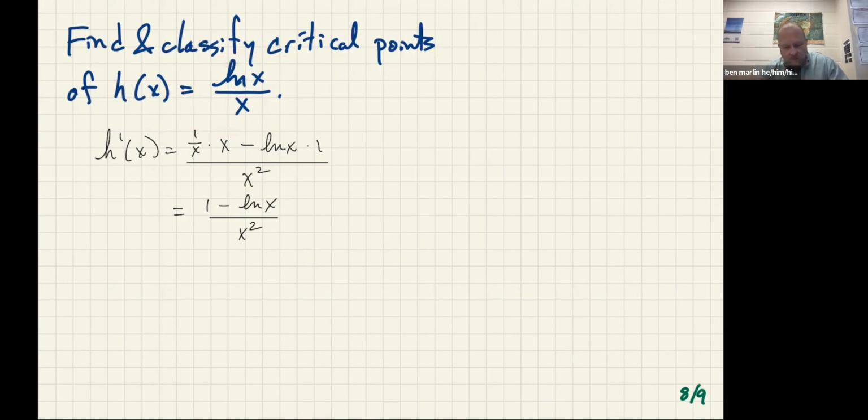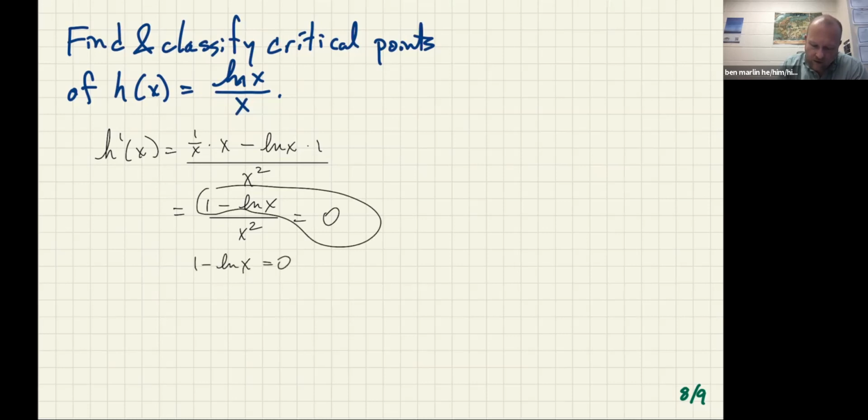So we don't have to worry about that particular thing this time. So the other way of getting critical points is to have this equal to 0. If you have a fraction equal to 0, it had to be the numerator that made it 0. 1 minus log x is 0. That says log x is 1, and that says your x had to be e, okay?